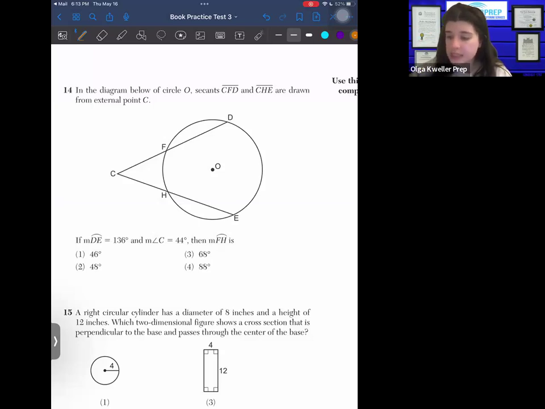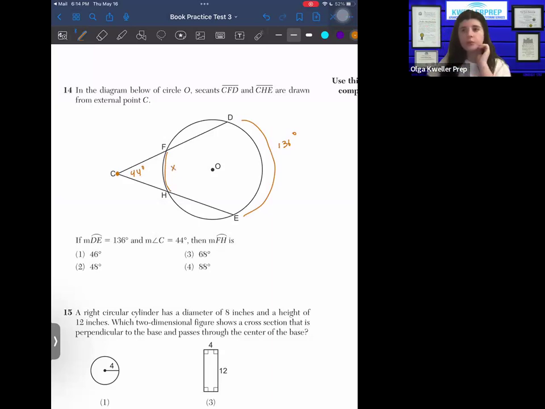They're drawn from that same external point C. And then they tell us that arc DE, excuse me, this arc is 136 degrees, and this angle is 44 degrees. And then the measure of arc FH, they want this arc.